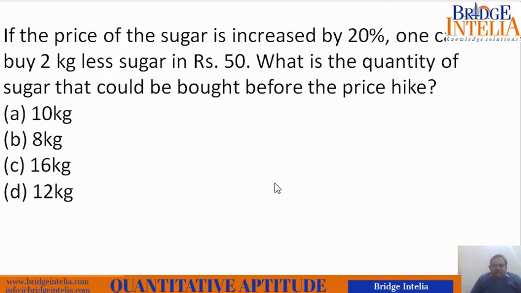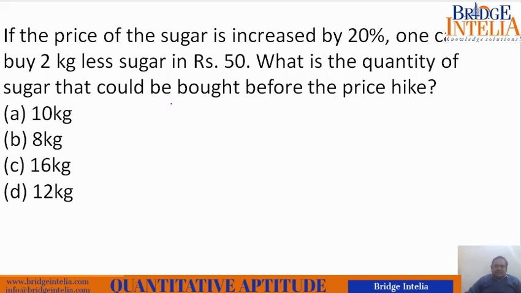Let's see this one. If the price of sugar is increased by 20%, one can buy 2 kg less sugar for rupees 50. What is the quantity of sugar that could be bought before the price hike? That means for the same price, expenditure is the same.